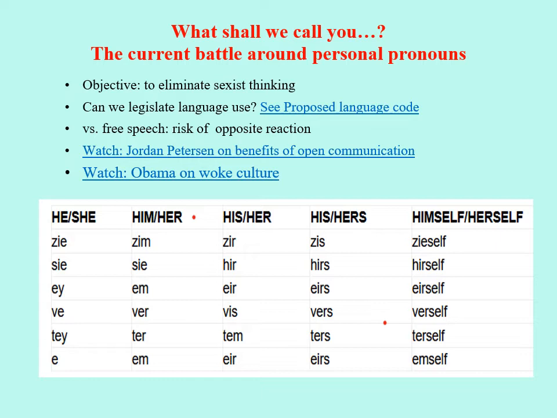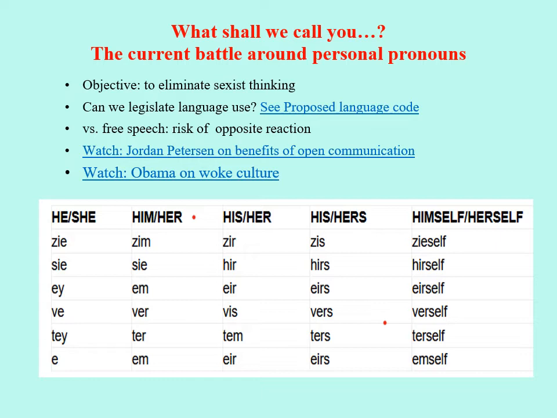So changing nouns or verbs may be possible, but changing personal pronouns is typically very difficult. The move to change personal pronouns comes from various movements that claim that they no longer want to use gendered, male, female words to describe themselves, and they demand that other people should adopt that particular use.